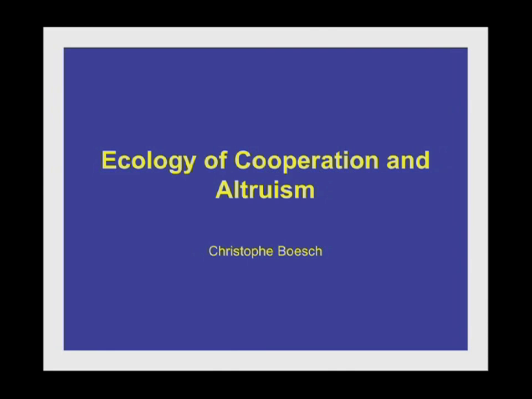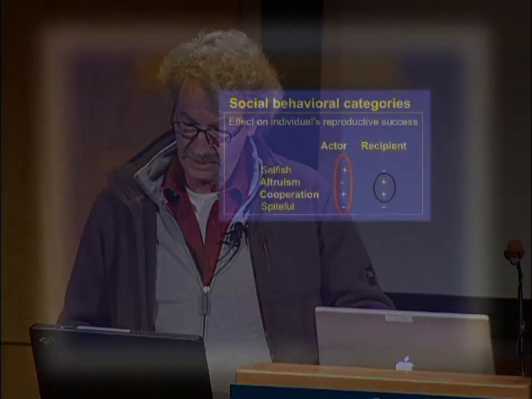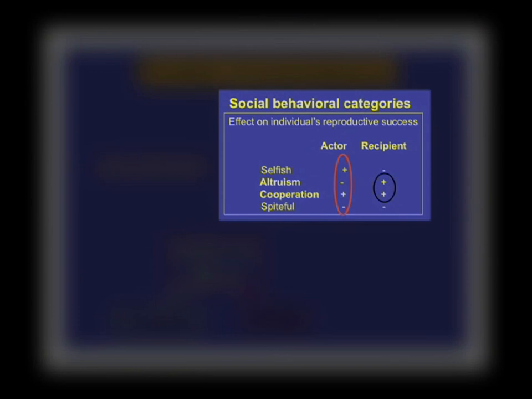I'm going to continue on the topic of cooperation and altruism. I want to clarify some terms before launching into the talk itself. We tend to consider four different outcomes of social behavior: selfish, altruism, cooperation, and spiteful.